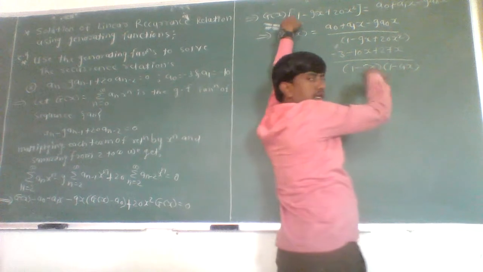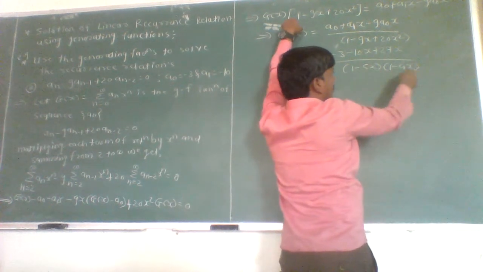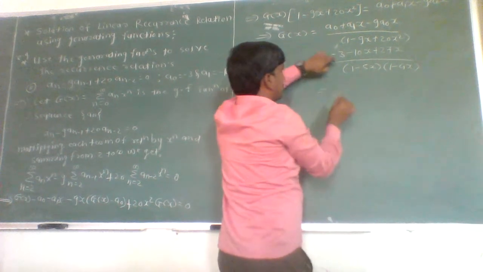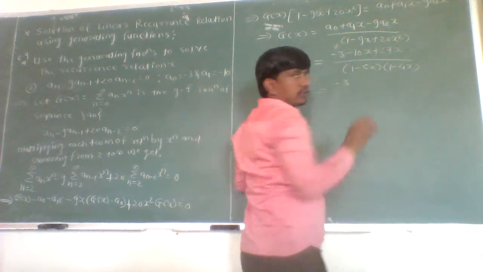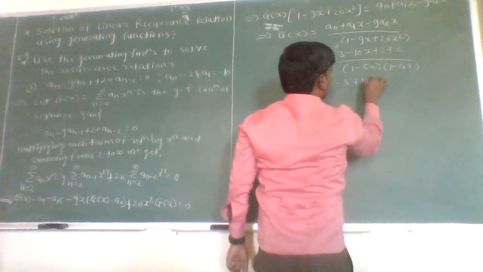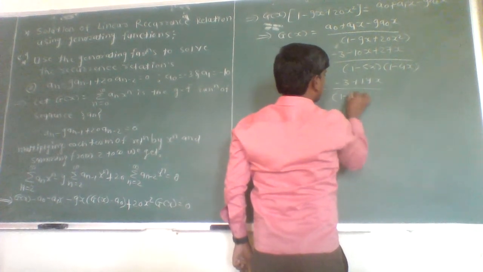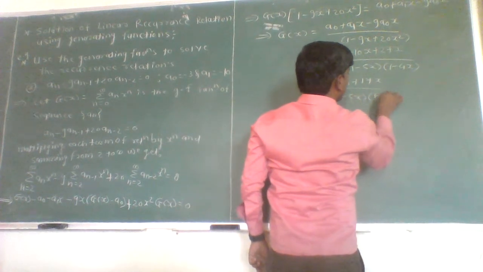This equals minus of 3 minus 10x plus 27x plus 17x divided by 1 minus 5x into 1 minus 4x.